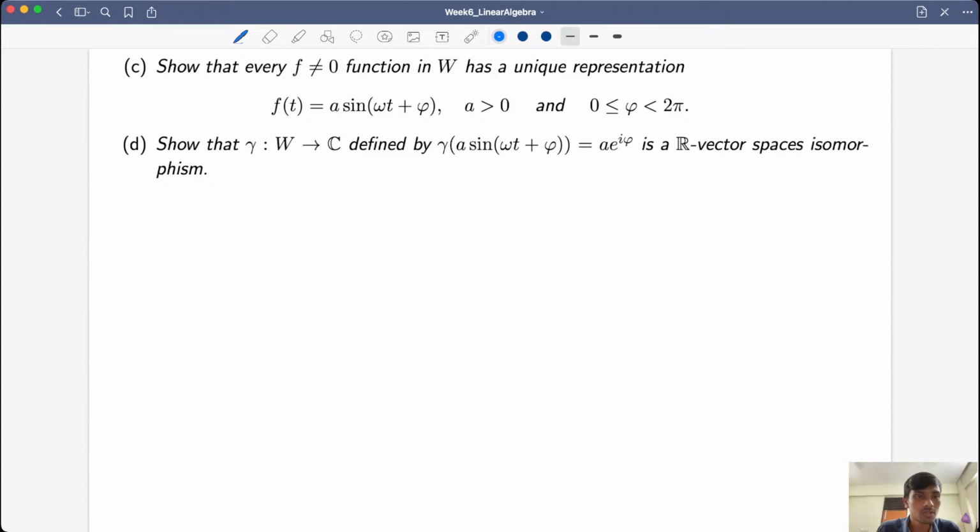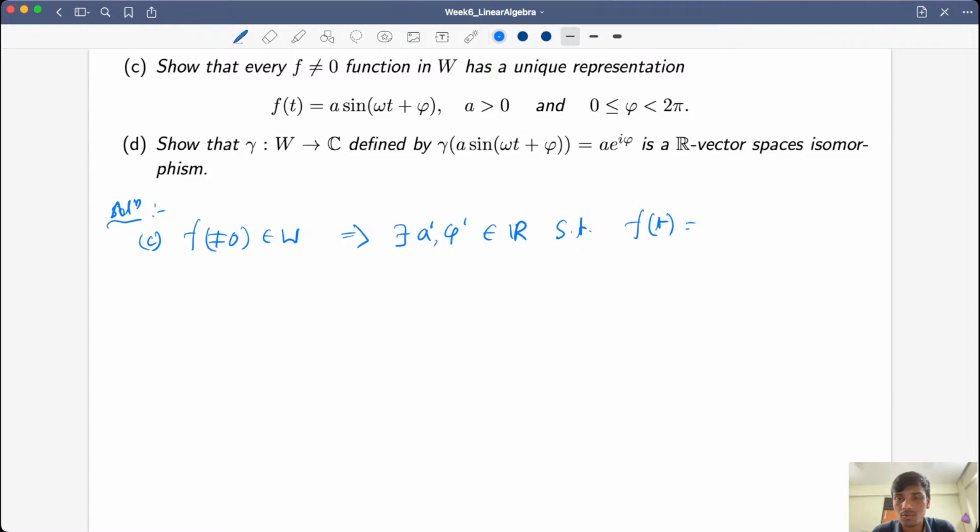Okay, so first one again. Once you have f nonzero, so f not equal to 0 belonging to W, implies that there exist a, phi, let me write them as a prime, phi prime belonging to R, such that f(t) equals a prime sine(omega t plus phi prime) for all t belonging to R. Now I want to find a which is positive.